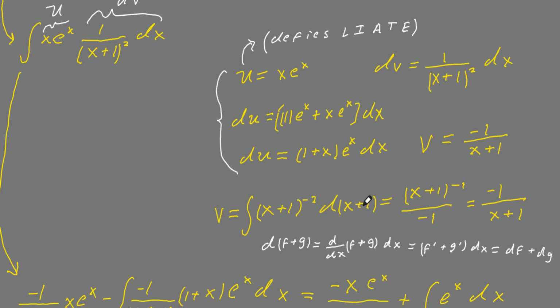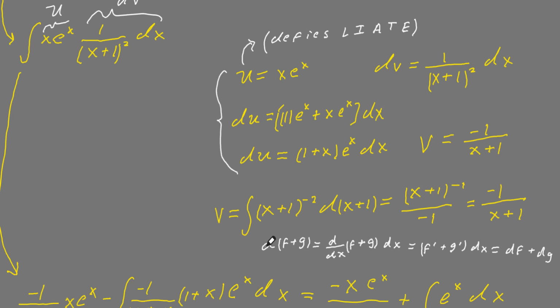And the reason you can do that is because the differential distributes. So d of (x plus 1) is actually d of x plus d of 1, but d of 1 is just 0. So you haven't changed anything by adding the 1. And the reason the differential distributes is because the derivative distributes.